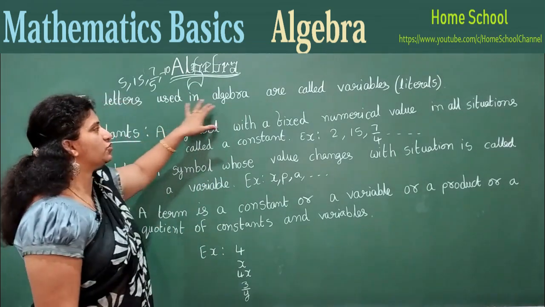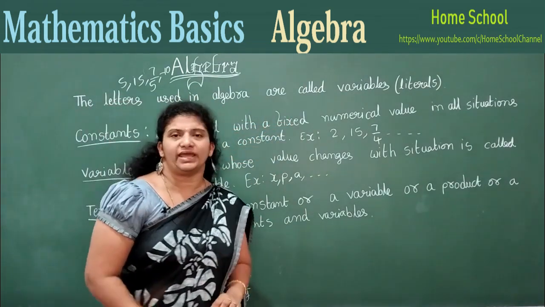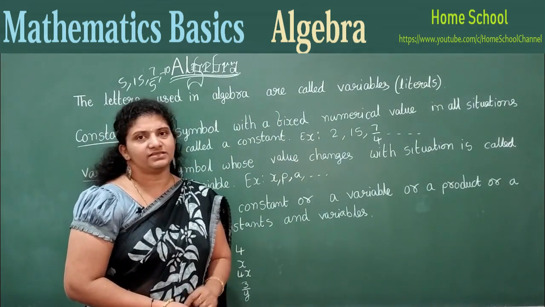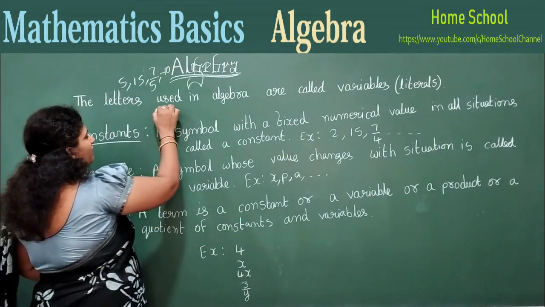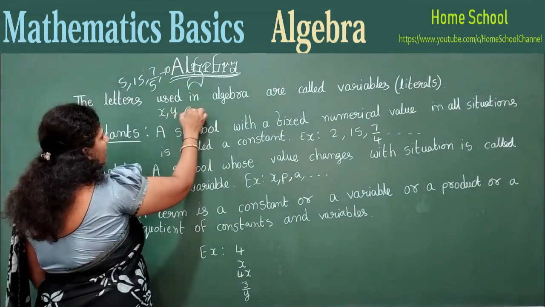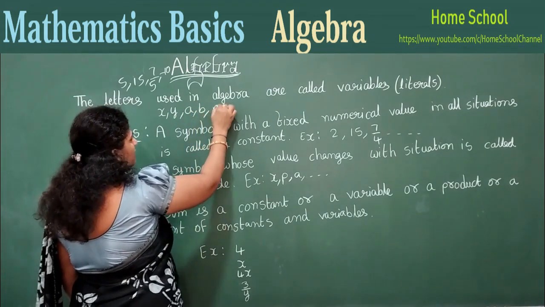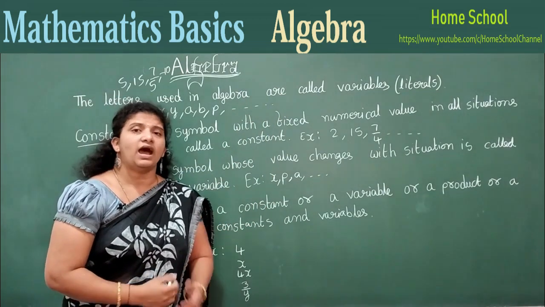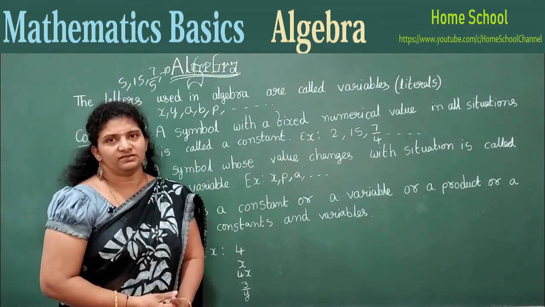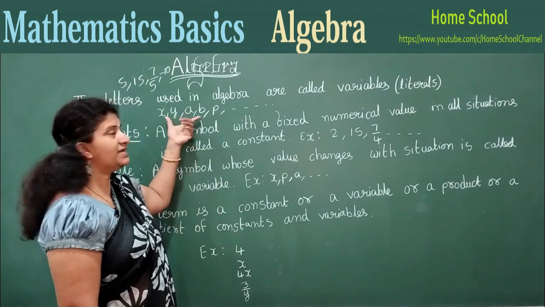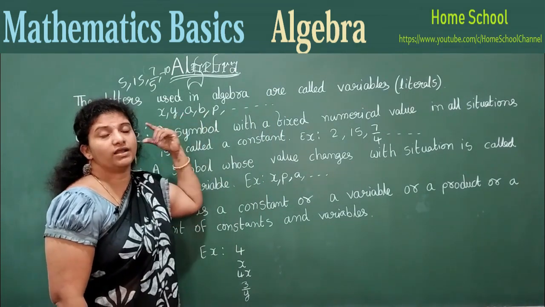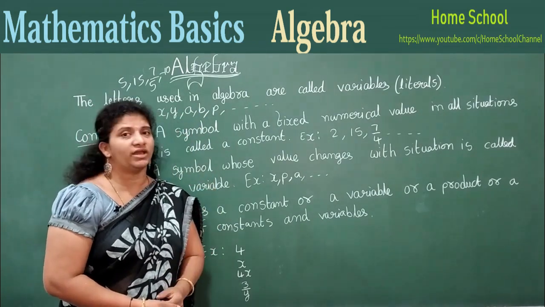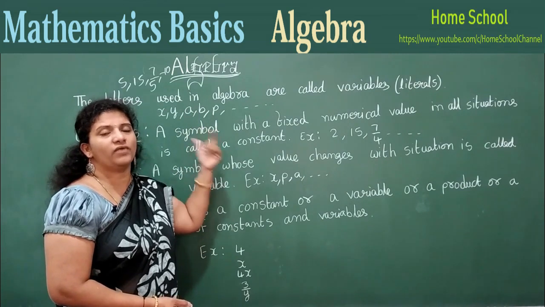The letters used in algebra are called variables or literal numbers or literals. For example, x, y, a, b, p, q, and so on. There is no end. All the alphabets are considered variables. So these are the variables or literal symbols or literals.